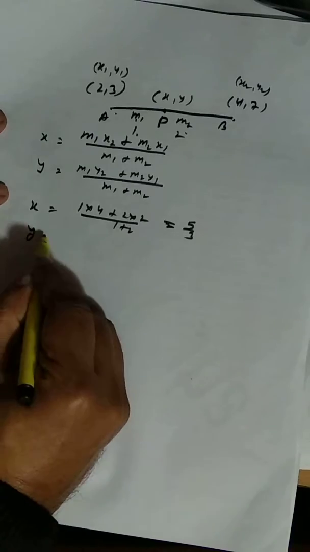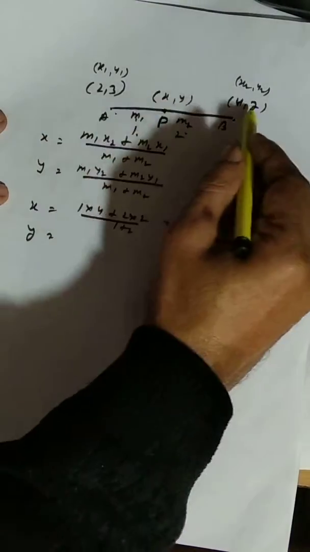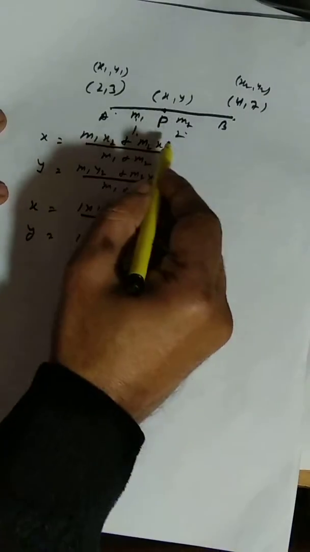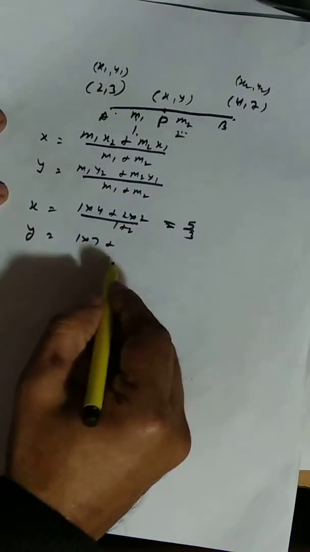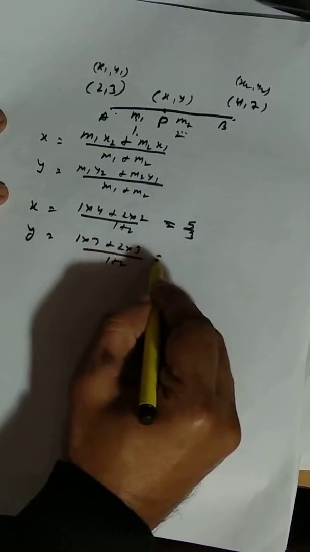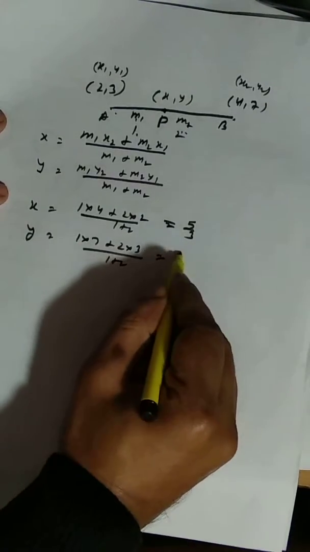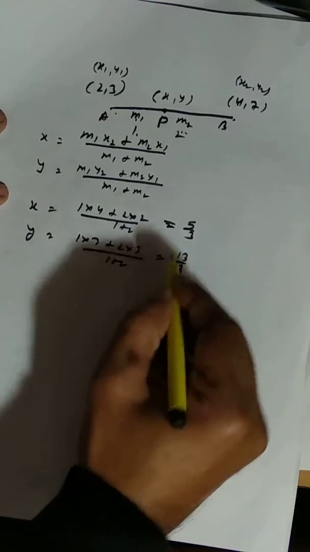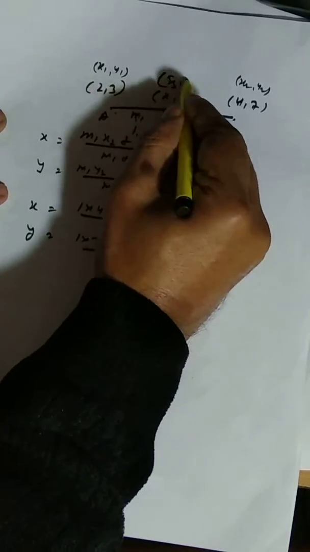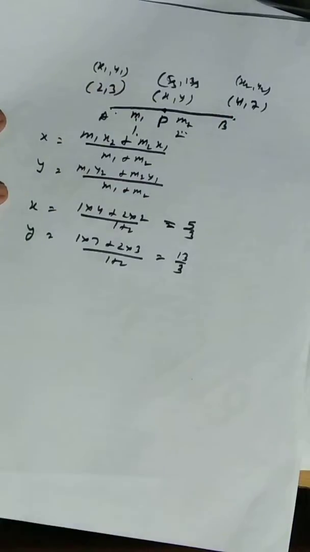The same way y will be m1 into y2, that is 1 into 7, plus m2 into y1, that is 2 into 3, upon 1 plus 2. So 7 plus 6 is 13, 13 upon 3. The coordinate of point P will be 8 by 3 and 13 by 3.